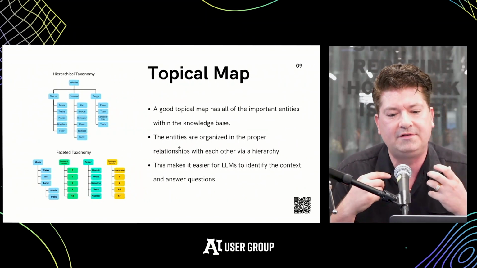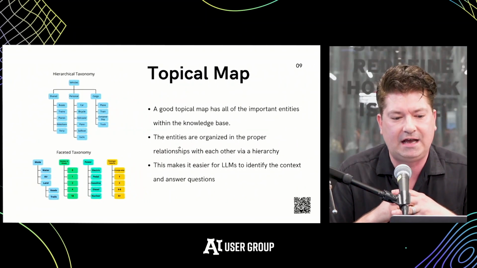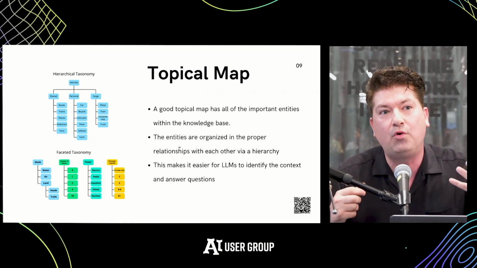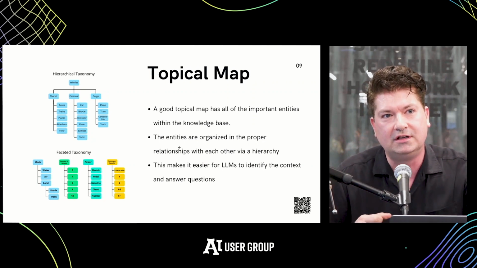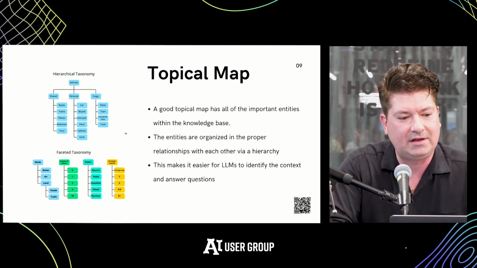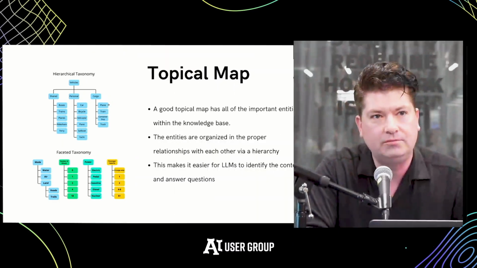So what are some of the qualities of a good topical map? A good topical map is going to fill out all the important entities within a certain taxonomy. So, for example, on the left, you have a hierarchical taxonomy of vehicles. For example, you have personal, shared, and cargo, right?